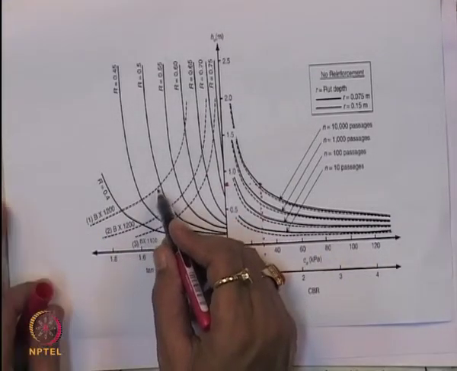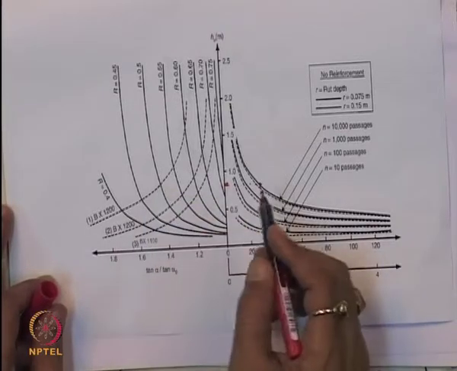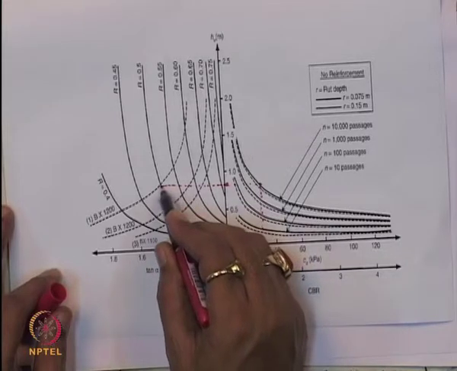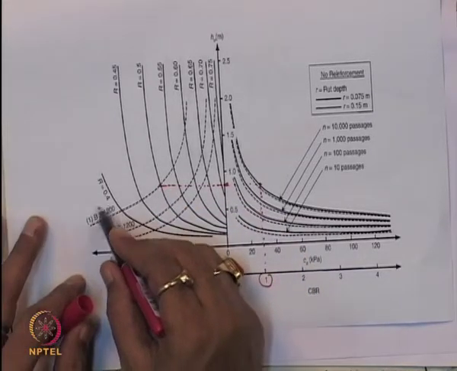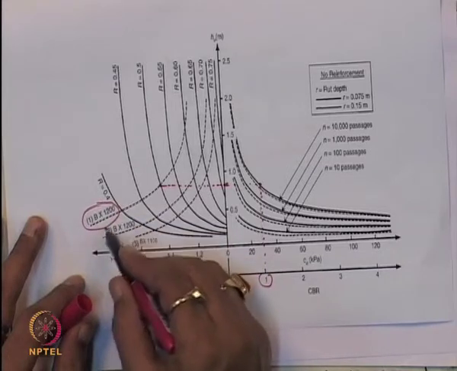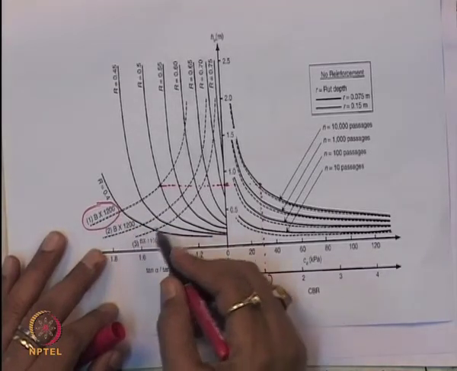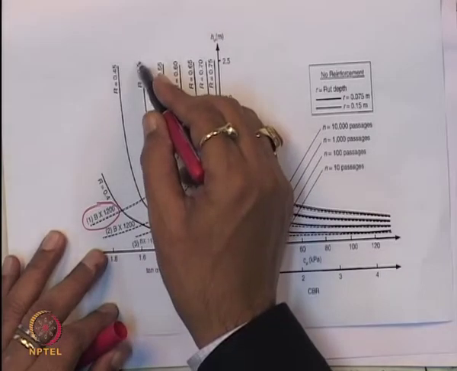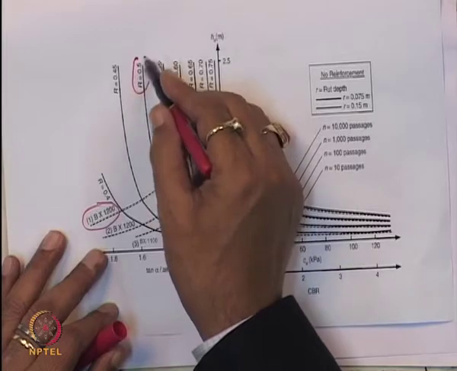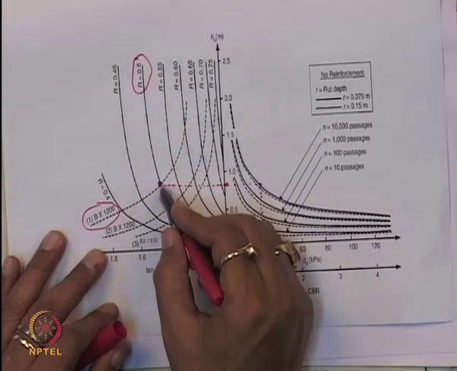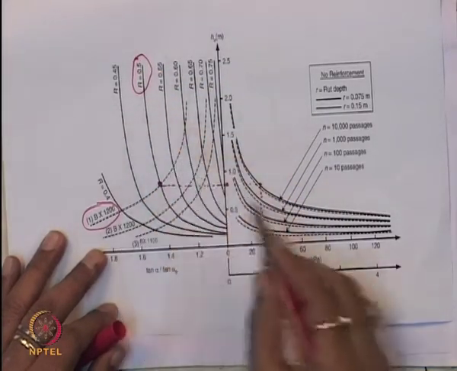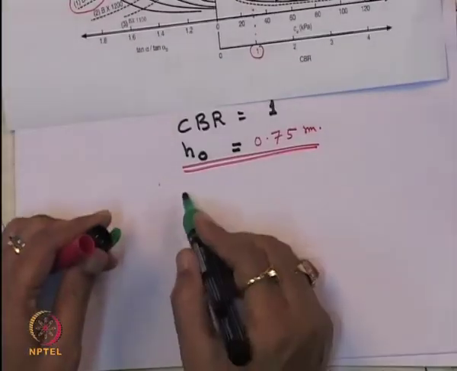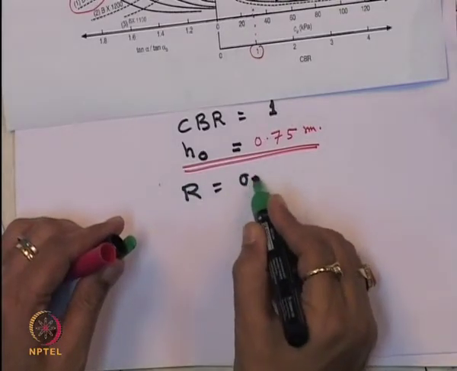Let us say we have selected this geogrid material BX1220. So then it will meet at R is equal to 0.50. That means we know R for this geogrid material. So we can write that R is equal to 0.5.